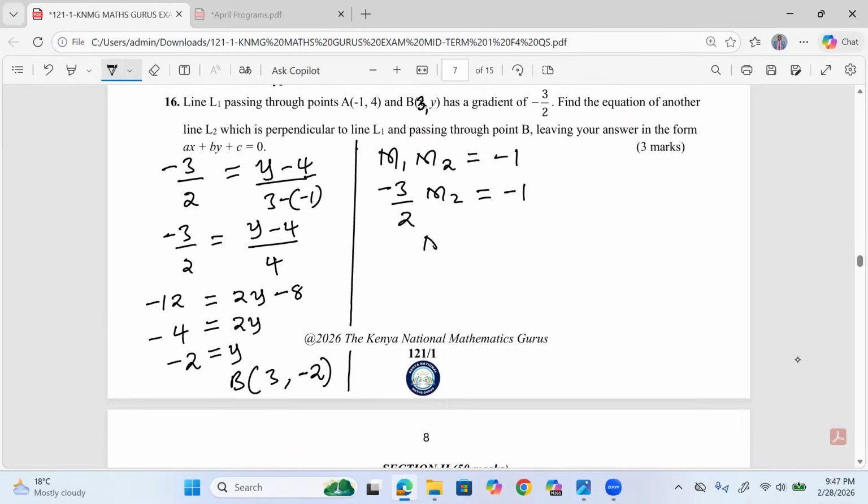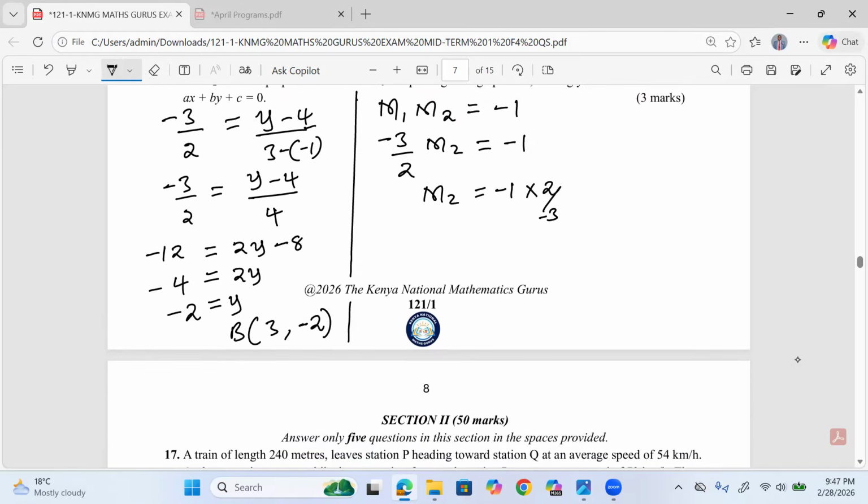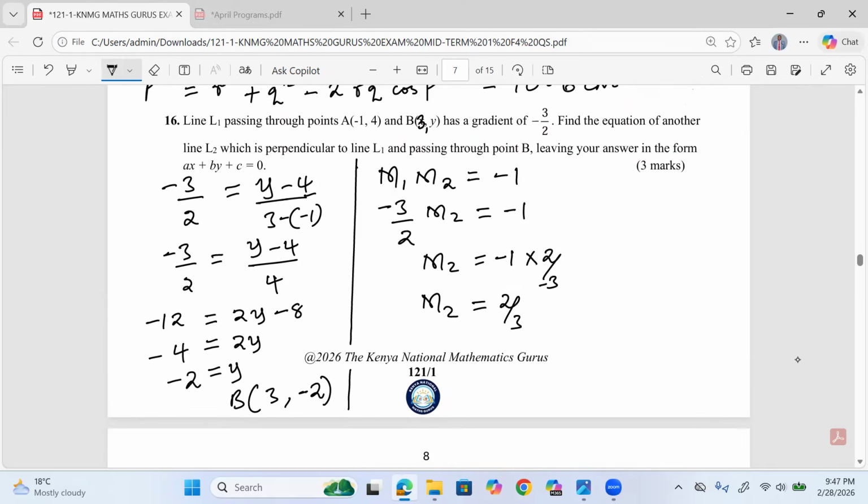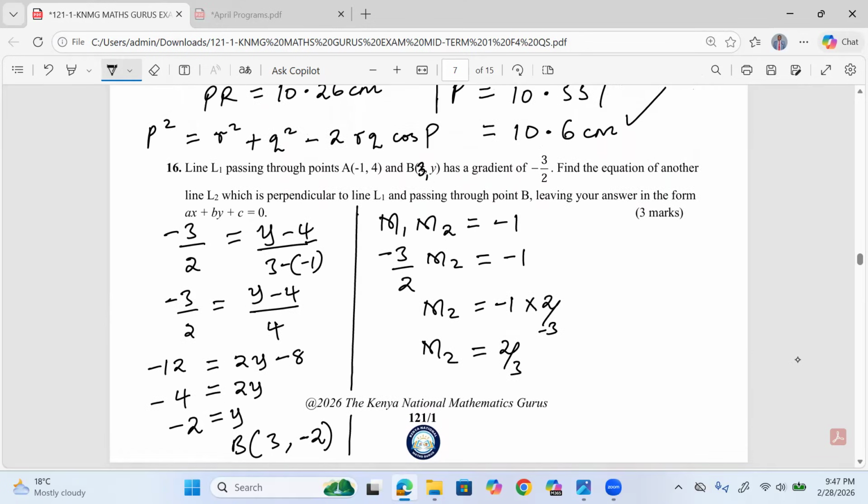To remain with gradient 2, we have to multiply negative 1 by 2 over negative 3. The negative shall cancel after multiplication, and the second gradient is confirmed to be 2 over 3.